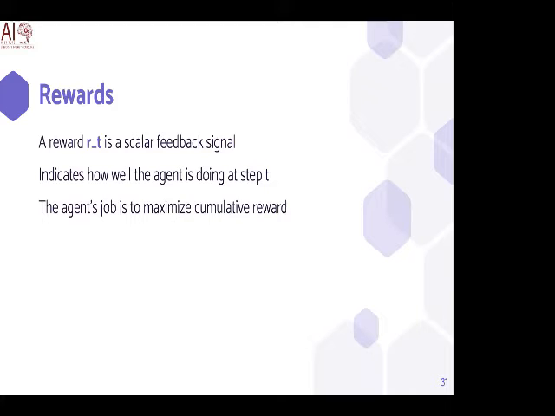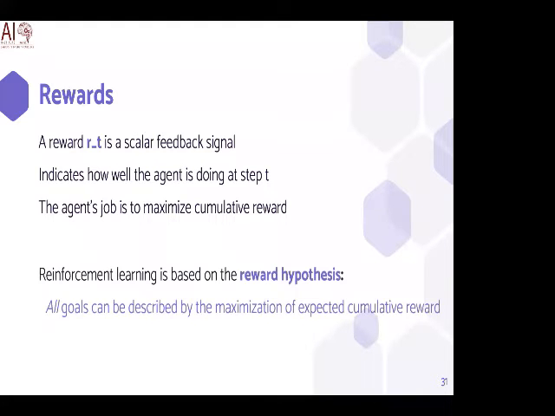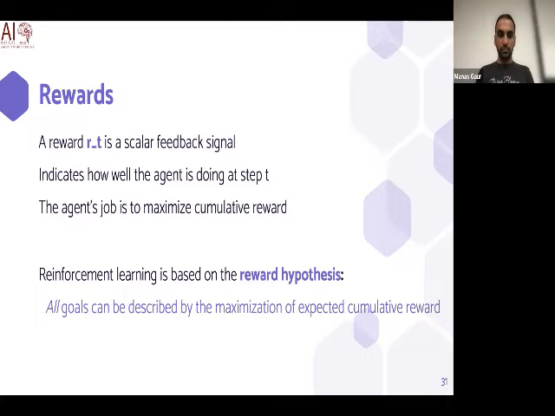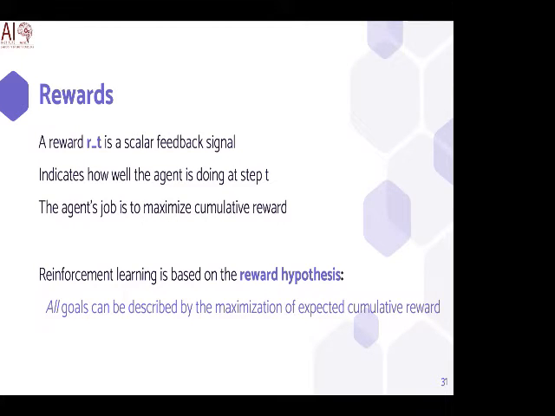The goal is to maximize total reward across all the time steps, and theoretically, the time sequence is extended to infinity. The framework was built under the assumption that any goal that you want to achieve can be described by the maximization of some cumulative reward.